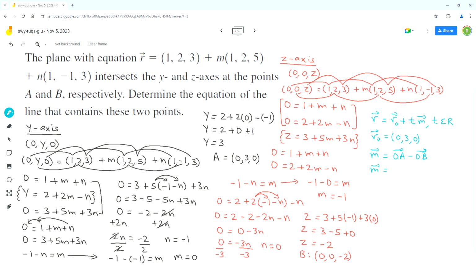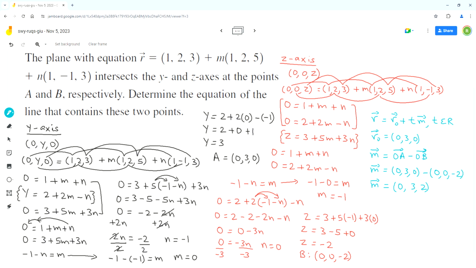So we can use point A for position vector OA, and B for position vector OB. Now we can subtract these vectors. So we should subtract their x, y, and z components. So this is the direction vector of the line.